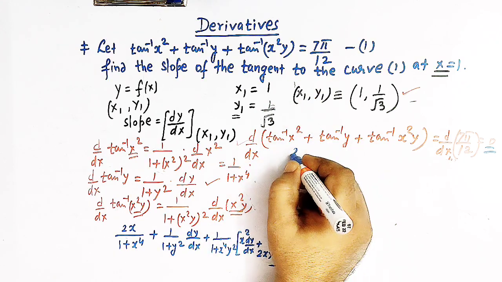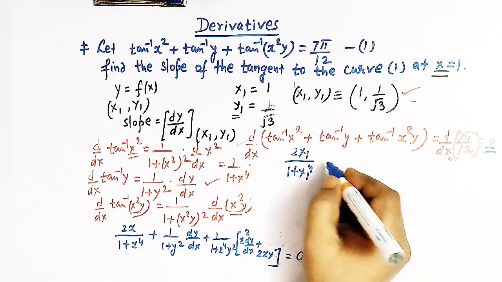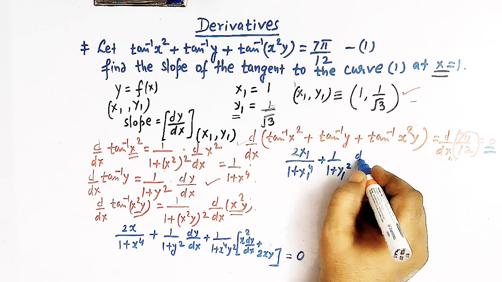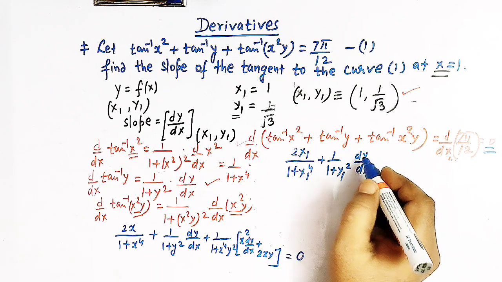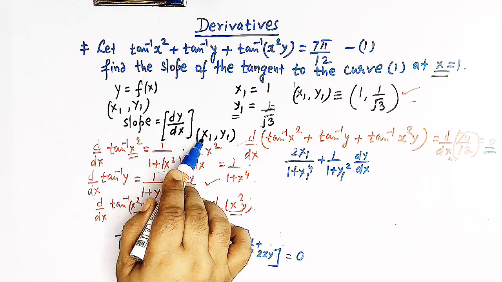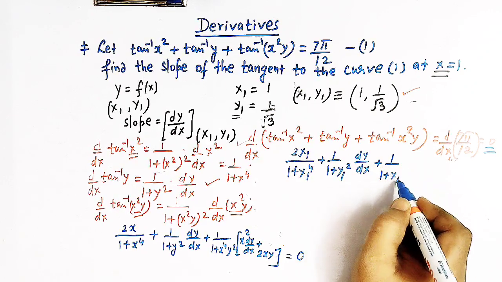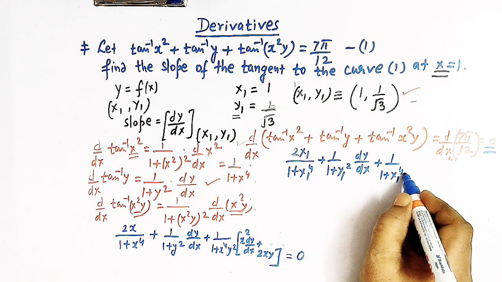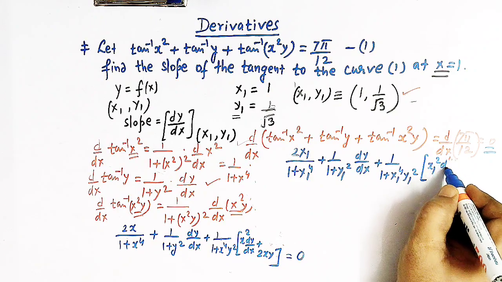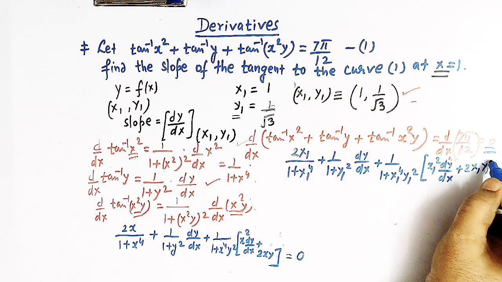So we have 2x1 over 1 plus x1 raised to 4 plus 1 over 1 plus y1 square and dy over dx, and this dy over dx is the slope at this point x1 y1, and then we have 1 over 1 plus x1 raised to 4.